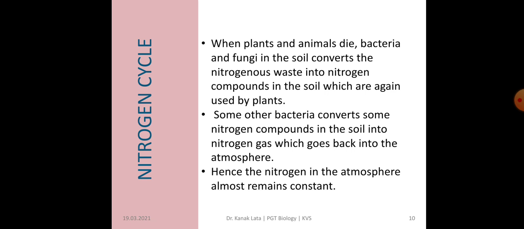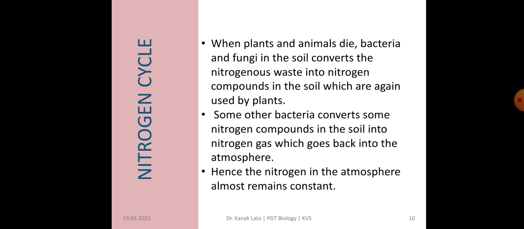So in this way there is circulation. Some bacteria convert some nitrogenous compounds in the soil into nitrogen gas, which goes back into the atmosphere. So you have seen here that nitrogen in the atmosphere remains almost constant due to this nitrogen cycle.